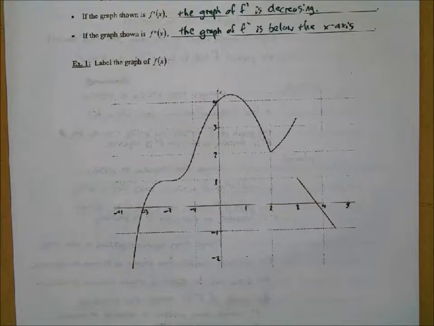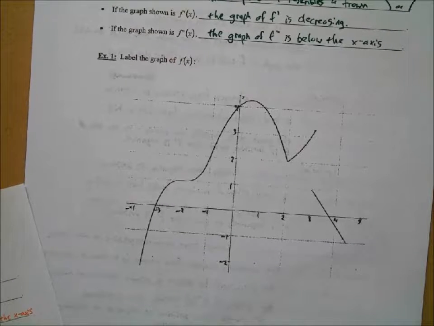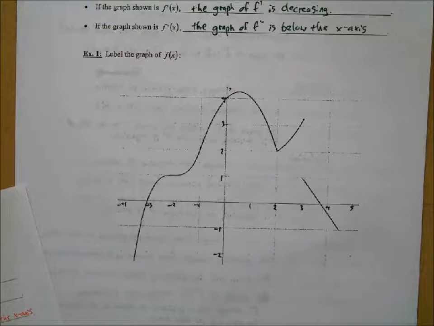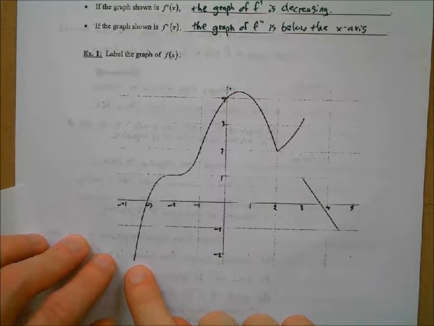So let's do that, and let's start with intervals where this function's increasing. We're given f, and we want to label where f is increasing. So what's the interval for where f increases? It looks like about -3.5 to about a half.